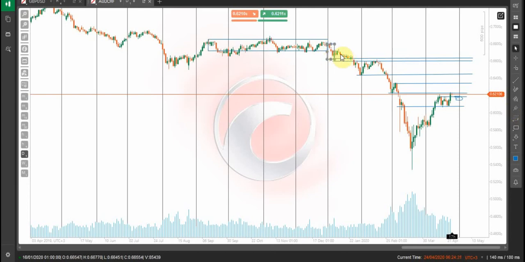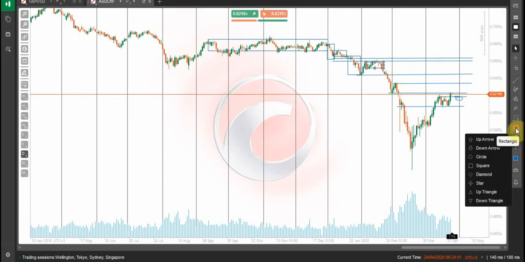So one strong move, then pullback, so it's a balance area. Then another strong move, then pullback, so it becomes a balance area here, and it was not able to break the resistance. So what happened? It broke down here, creating another strong move.